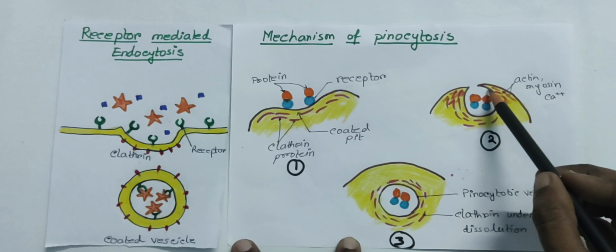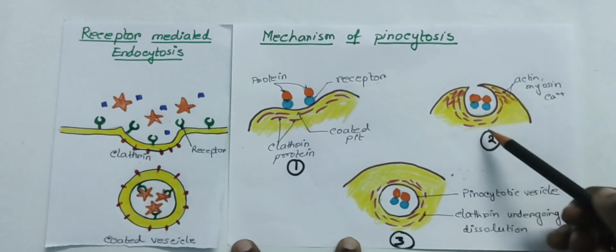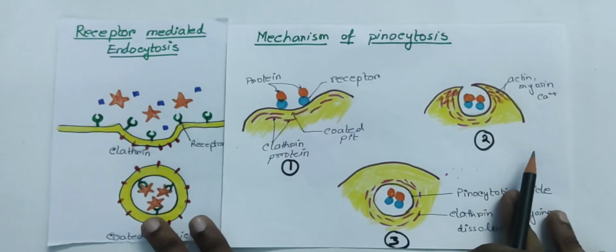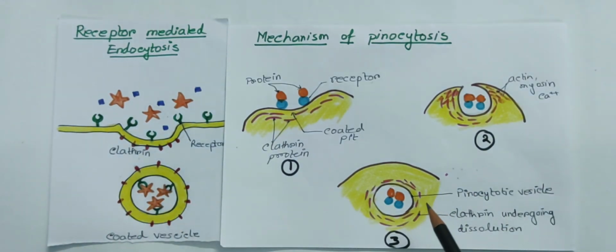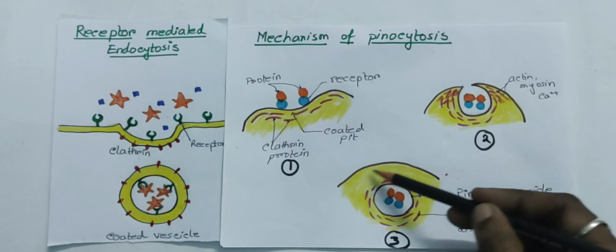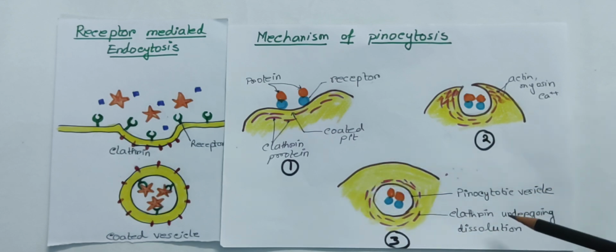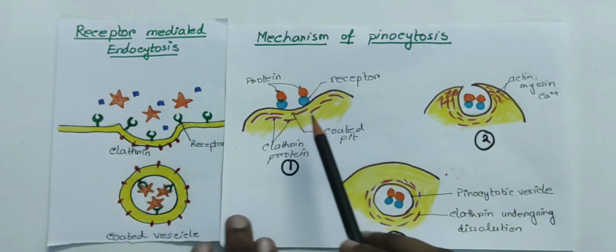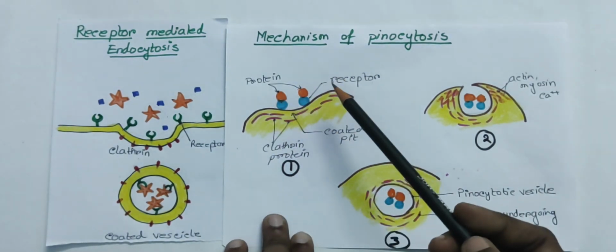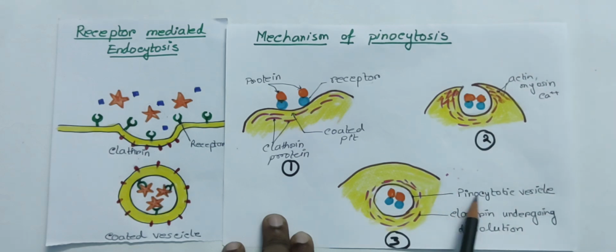Then the vesicular structure is actually formed, and it comes inside the cell away from the cell membrane, and then it is called the pinocytotic vesicle. If they engulf a macrophage or macromolecules, then it would be a phagocytotic vesicle.